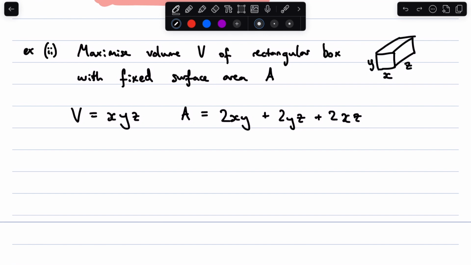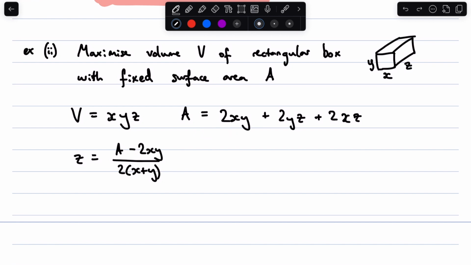First, we need to find what z is in terms of the others, and then sub that in. So z, using our area equation, is going to be (A minus 2xy) divided by 2 times (x plus y). We've taken this across, and then we've added these terms together, factoring out z, and then dividing by it.